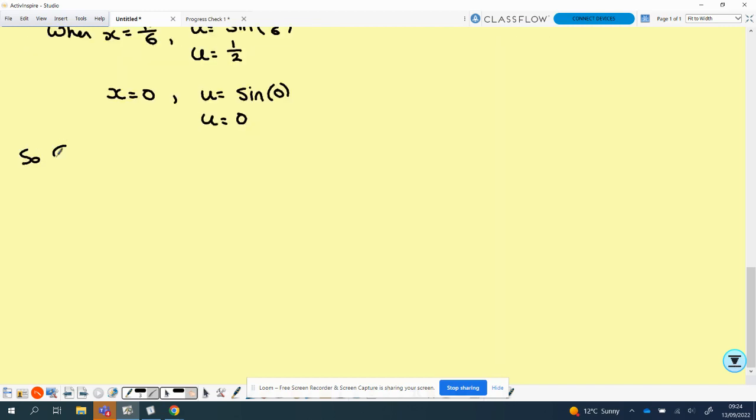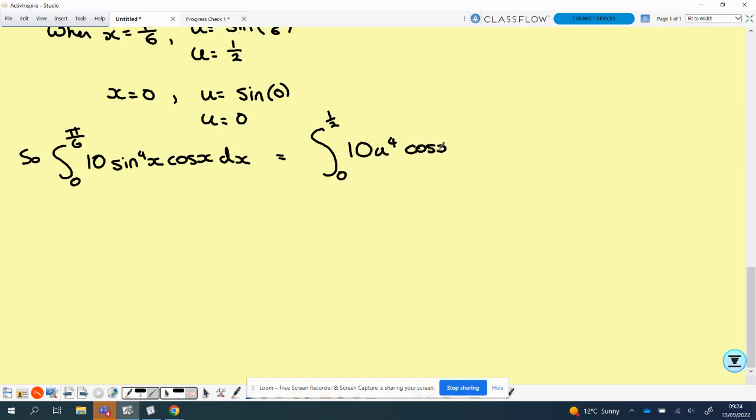So the integral between pi over 6 and 0 of 10 sine to the power of 4 x cos x dx. Well, that's going to be the integral between half and 0 now. That's what those two limits became, half and 0. 10. Okay, so u was sine, so that's going to be u to the power of 4 cos x times by du over cos x.